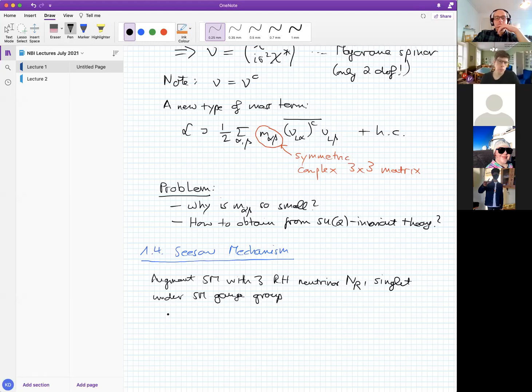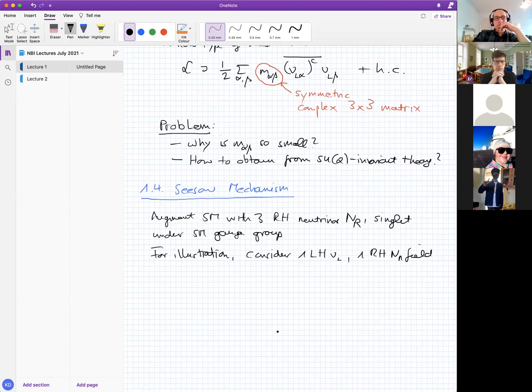So for simplicity, I'm going to explain the mechanism now with just 1 left-handed neutrino and 1 right-handed neutrino, because it means I have fewer components to write down. So for illustration, consider 1 left-handed nu_L, 1 right-handed N_R field. And then the generalization to 3 flavors is straightforward.